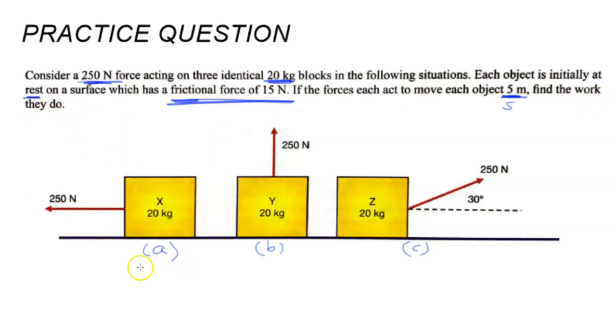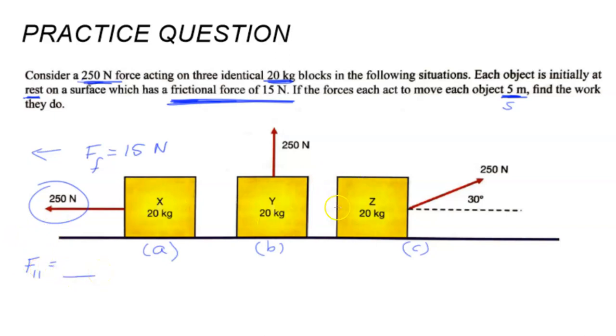So in the case of the first one, we have a 250 newton force in this direction. You need to make sure that you subtract the frictional force in the opposite direction. So we have a frictional force which opposes the motion. So you need to subtract that from this amount, and that will give you the net force, and you can call it the net force in the horizontal.